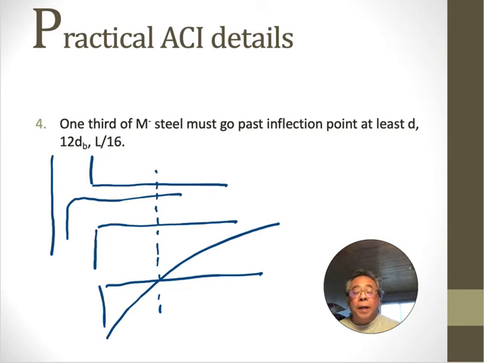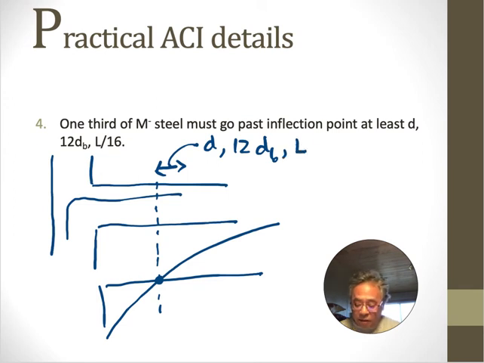Okay, so when the moment changes from negative to positive, that's the inflection point. You could stop the negative moment steel, except you need to go an extra D or 12 bar diameters. That's always the case. But for negative moment, you also have to check, it has to go an additional L over 16 past there, the greatest of those three. And that sums up all the practical ACI requirements.